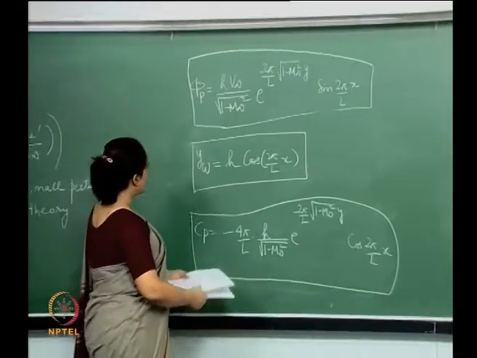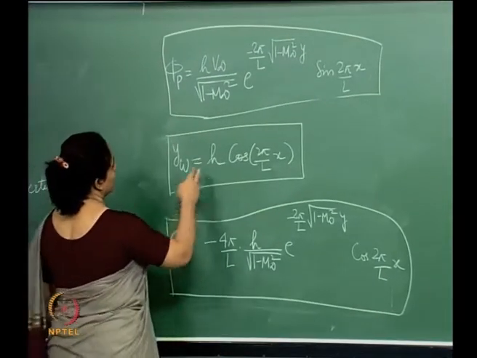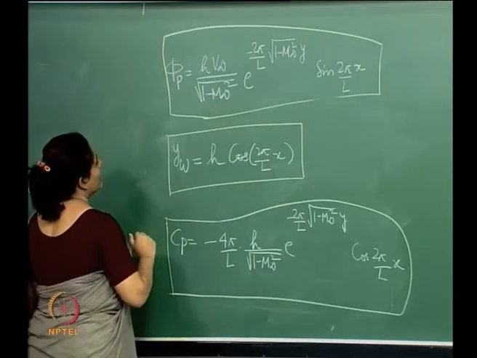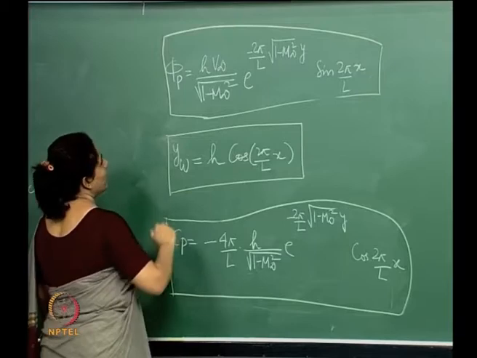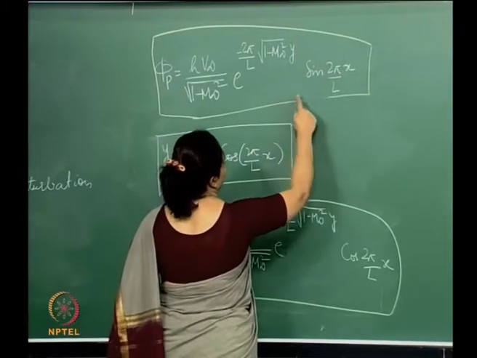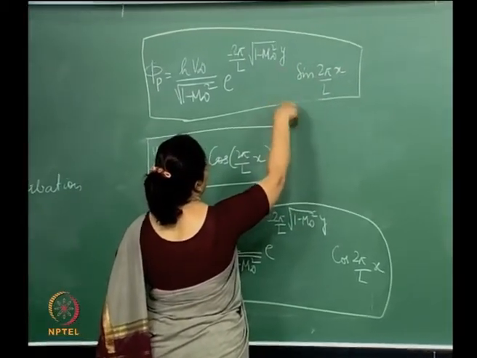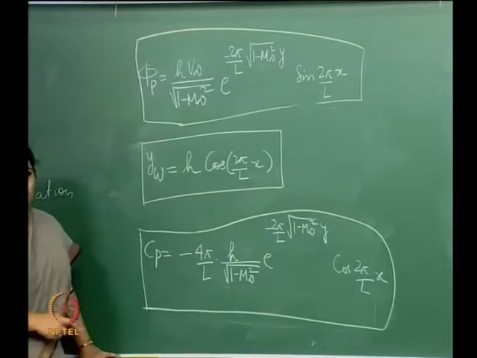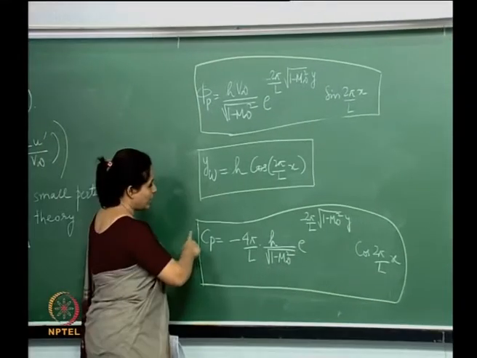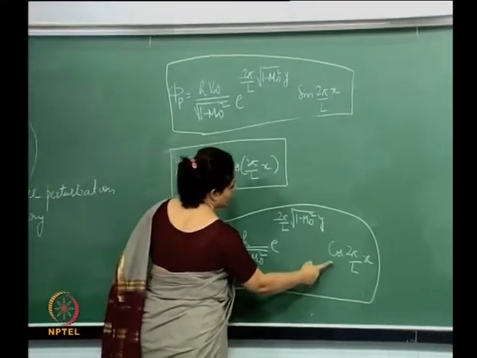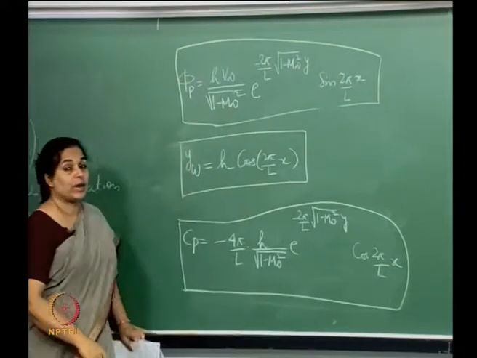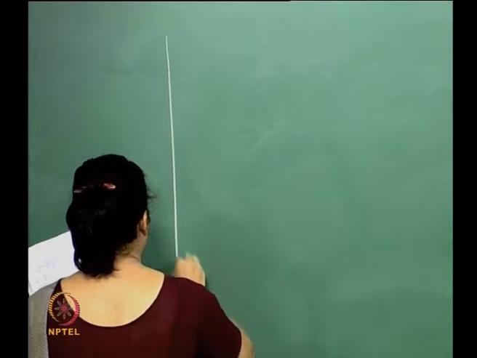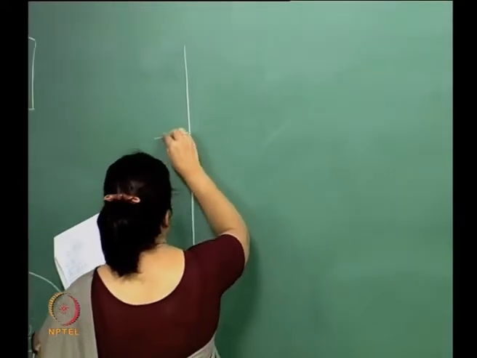Now what you can see is that in here the perturbation potential is dependent on this sine 2 pi x by L, right, whereas you have the coefficient of pressure which is a cos 2 pi x by L, right. Let us plot this out and see what we get.